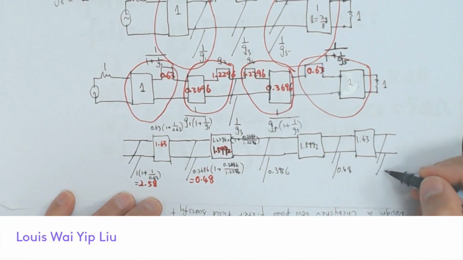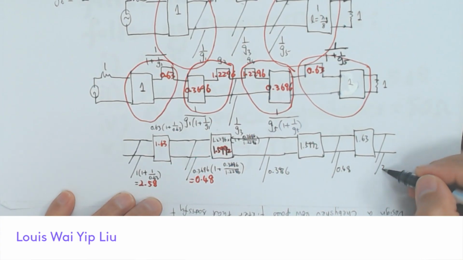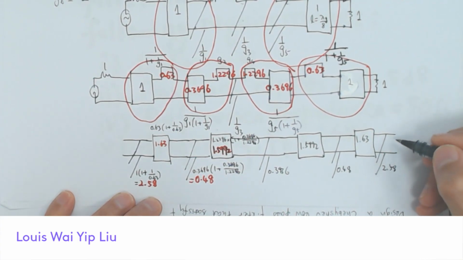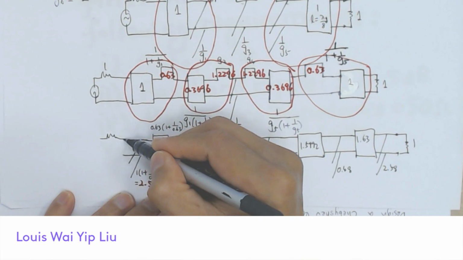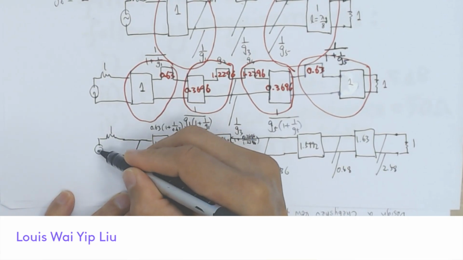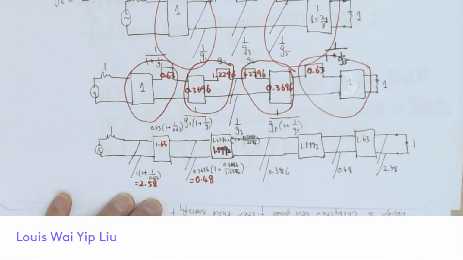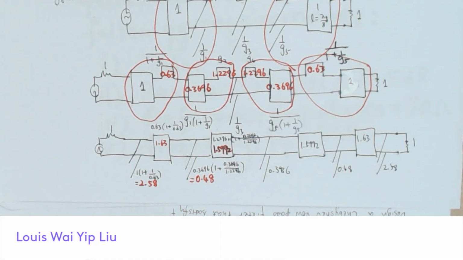So basically the most important part of the filter is done. So the next stage is to scale up all the impedances based on the reference value, and I'm going to do it.